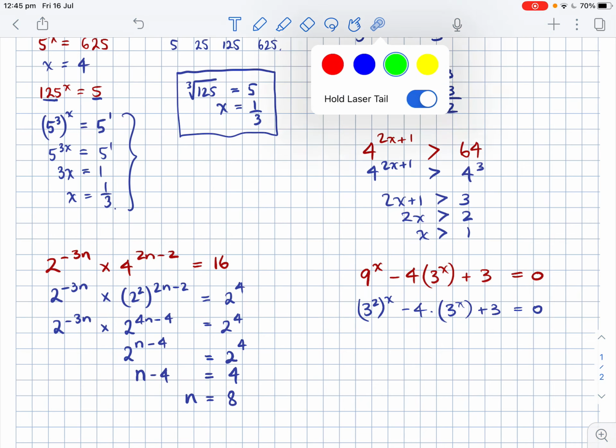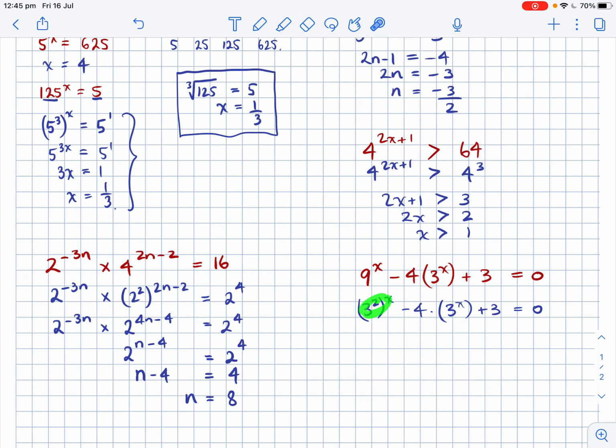And then use my index laws to simplify this power to a power. We get 3 to the power of 2x minus 4 times 3 to the power of x plus 3 equals 0.